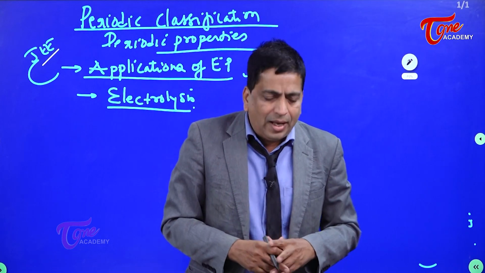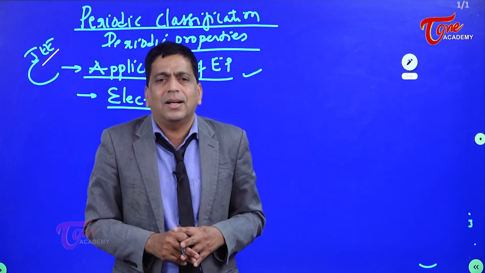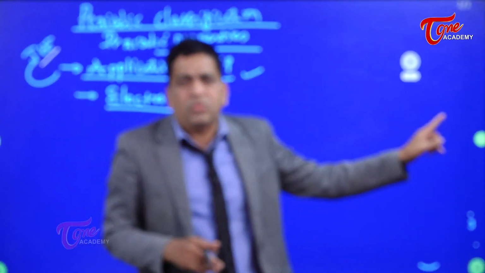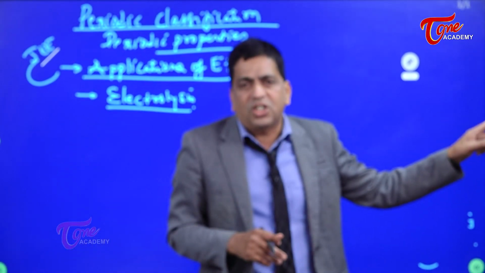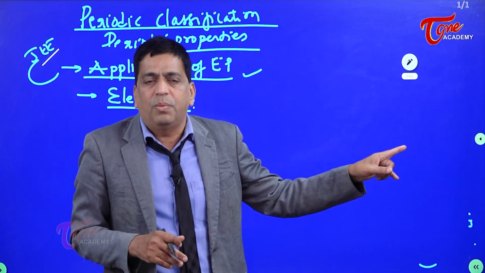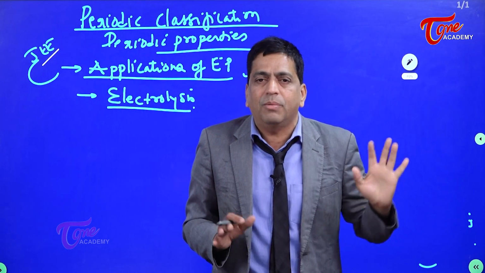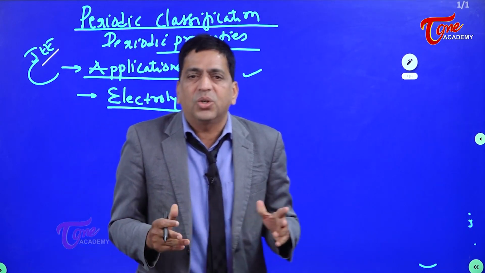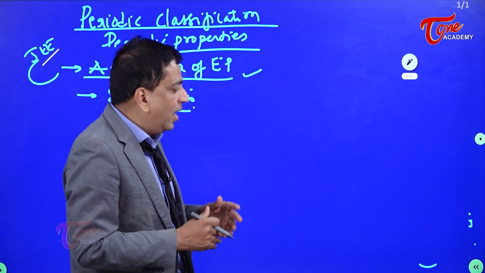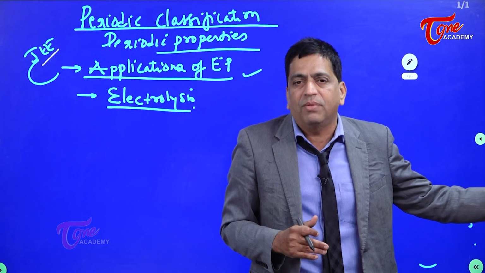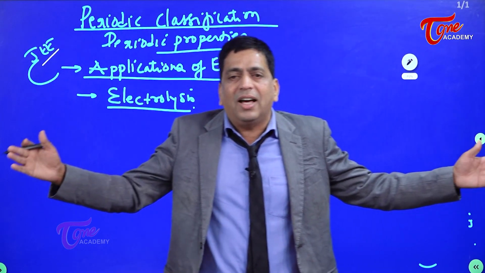You must understand, as far as the metals are concerned, the metals placed to the extreme left of the periodic table are nothing but the first group and the second group, that is alkali and alkaline earth metals. They seem to be extremely electropositive, because if you see the extreme left of the periodic table, they have the largest sizes.